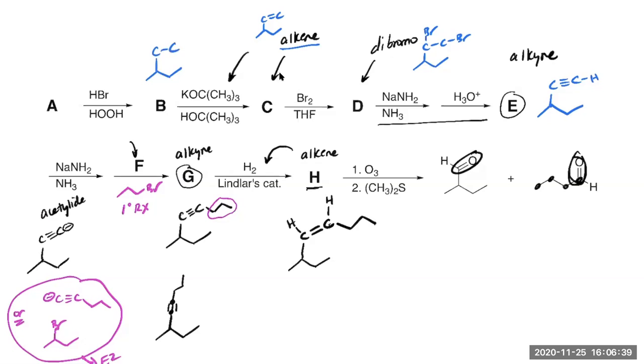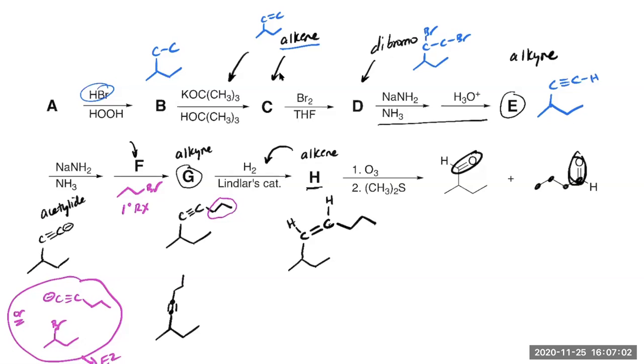What is on them that the bulky base took off has to be a bromine. Now, in terms of where that bromine is, I'm not 100% sure. I could probably put it a number of places. So we're going to guess and we're going to test it.